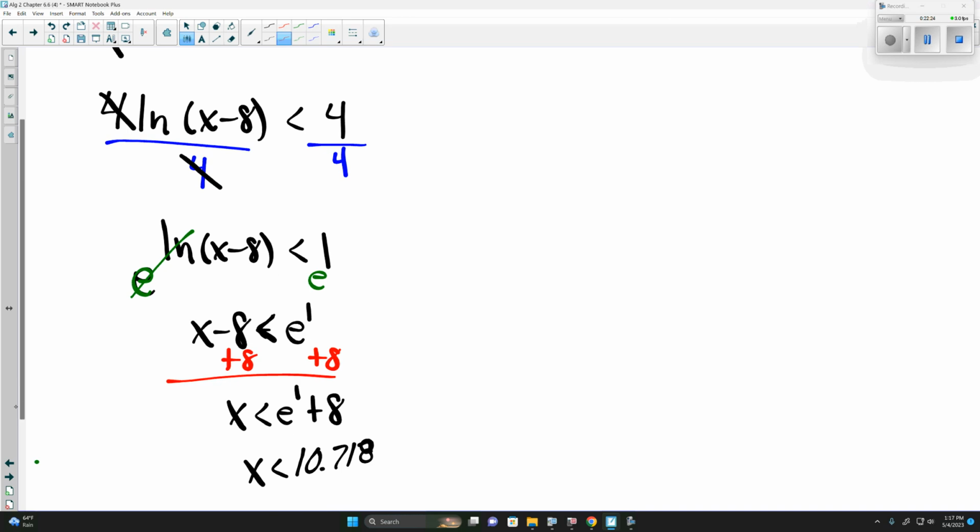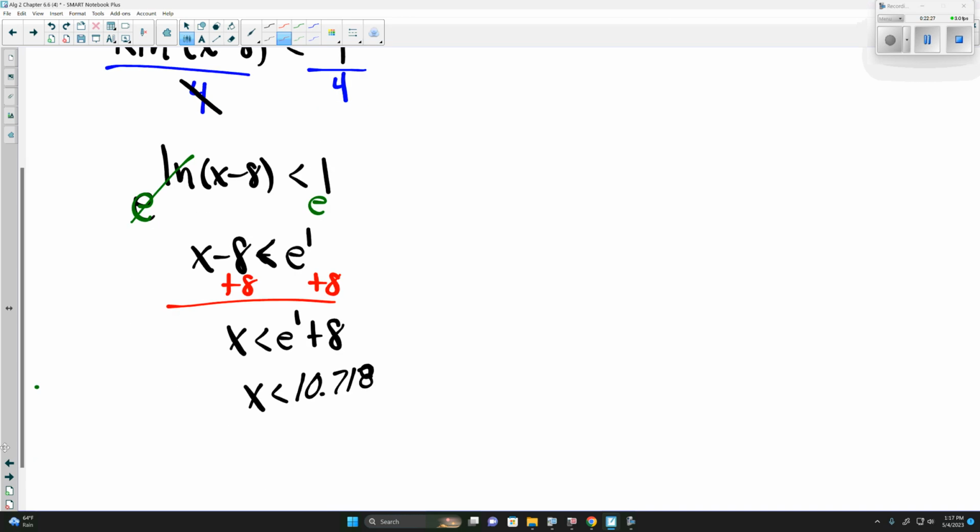What's inside cannot be 0 or negative. Now, we would add 8 to both sides. X has to be greater than 8.